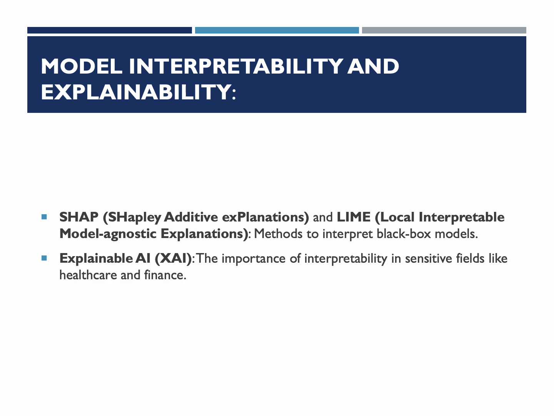Then LIME, on the other hand, is used to approximate a black box model with an interpretable model locally around the prediction of interest. It helps in understanding how specific features affect the model's predictions by building simpler interpretable models for individual predictions.